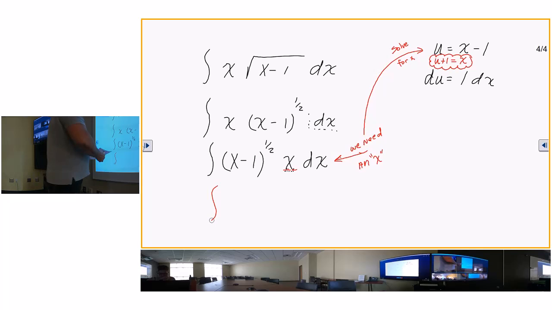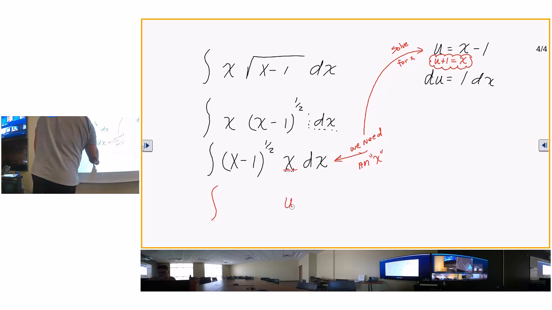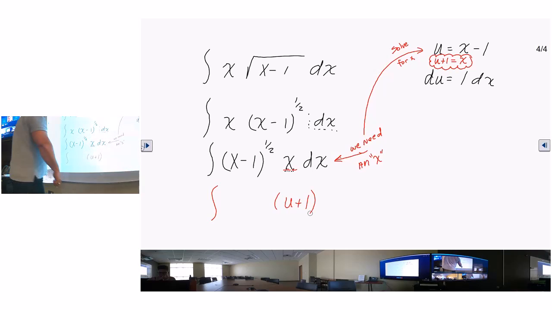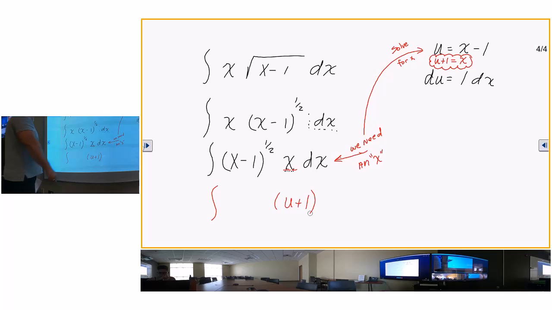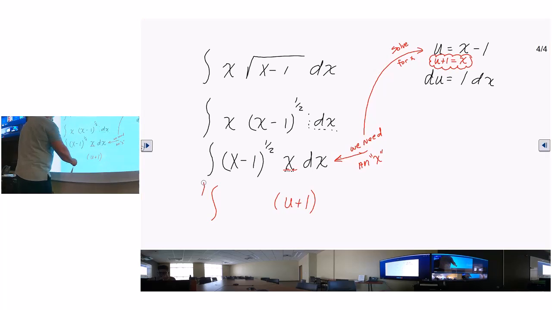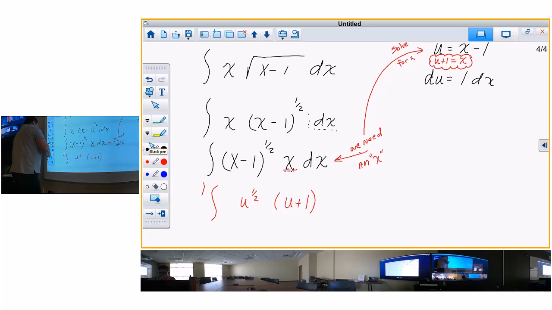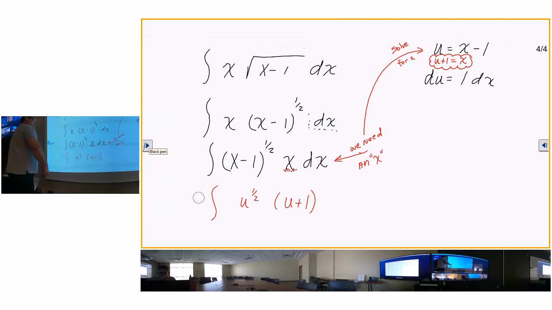U plus 1, put that in parentheses, times u to the 1/2 power. Now, take a minute, take a second, and make sure you understand what I did.